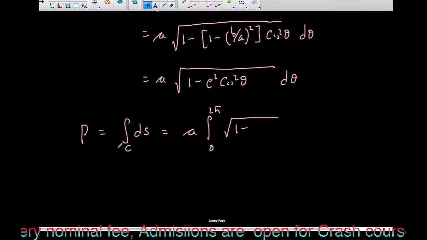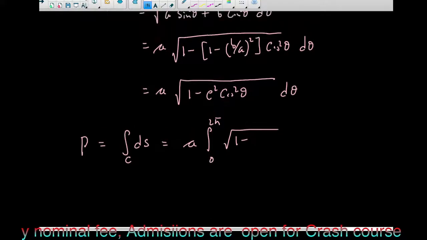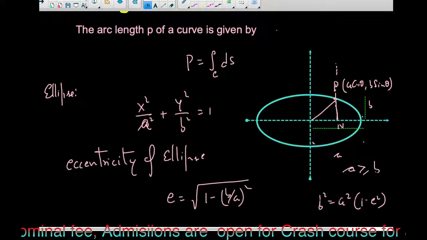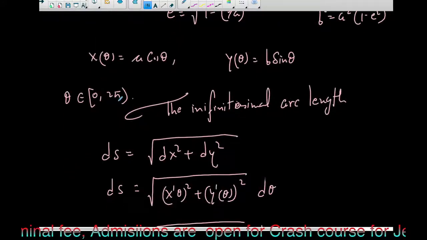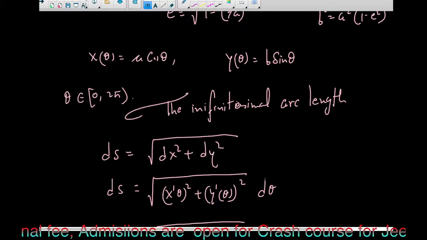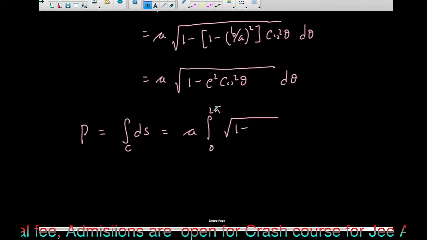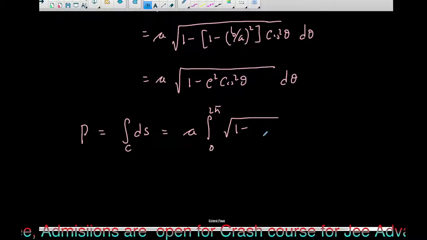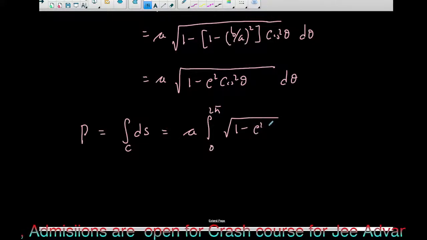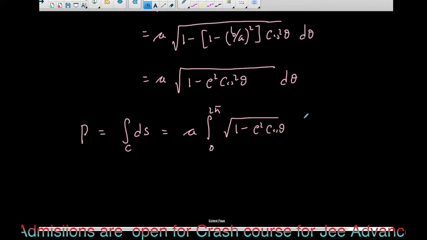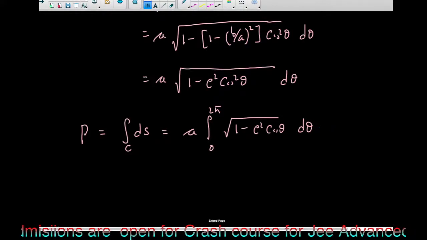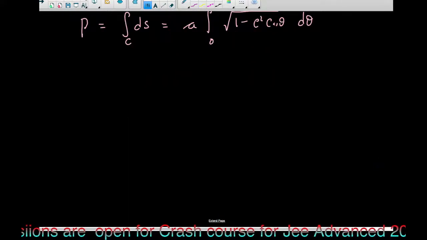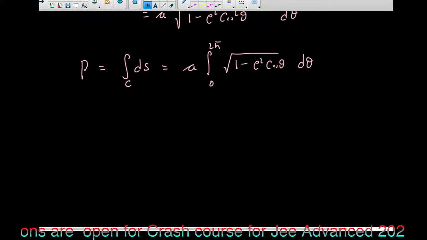Entire curve means we have to find the entire length of this ellipse, right? So for the entire curve, it goes from 0 to 2 pi, so up to 0 to 2 pi we are considering this entire elliptical curve.